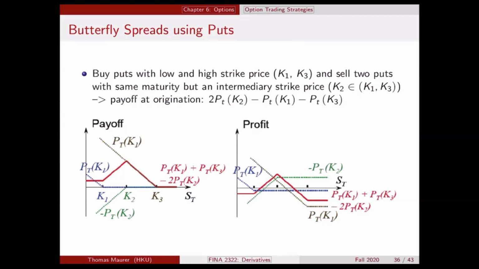Notice in this case with the put options, your payoff is always positive. So therefore it has to be that the initial investment costs you some amount of money, which then causes the profit to shift downwards. And therefore you get this pattern. Again, you lose money if the price of the underlying either decreases a lot or increases a lot, and you make some profit if the price of the underlying stays close to K2.